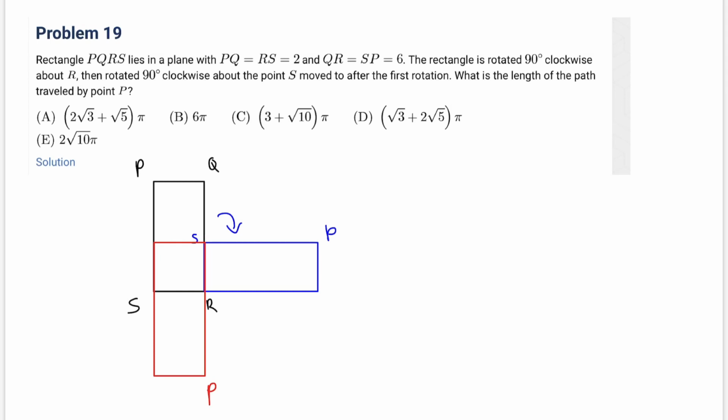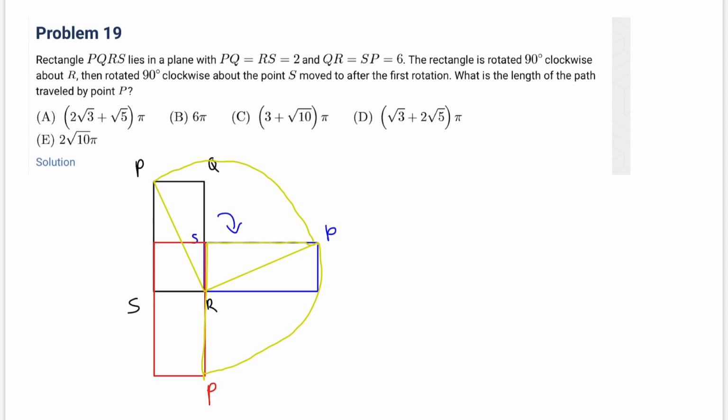So for the length of the path traveled by point P, the first would be from here to this point, and then it would be like this, and this side equals this side, right? So it would also be like this.